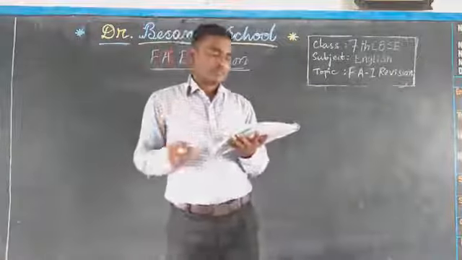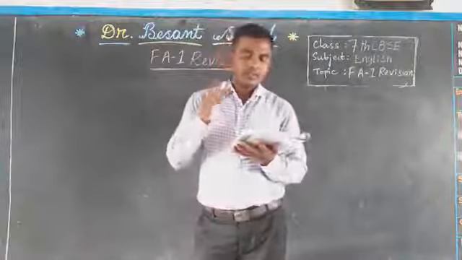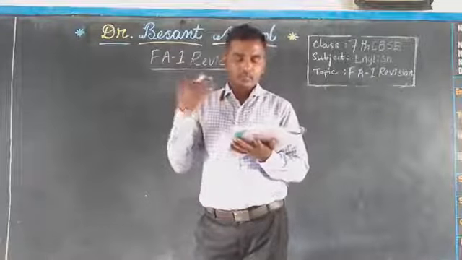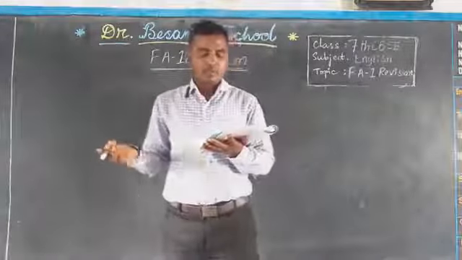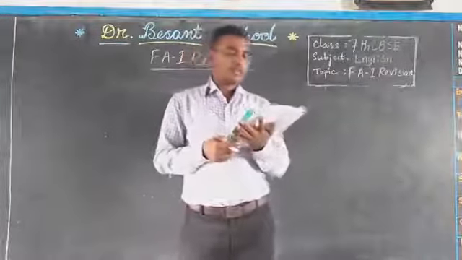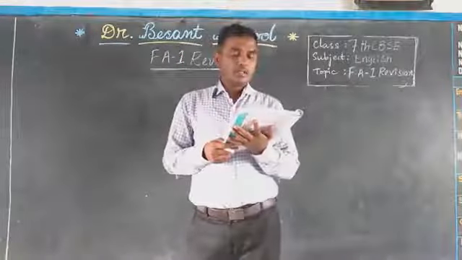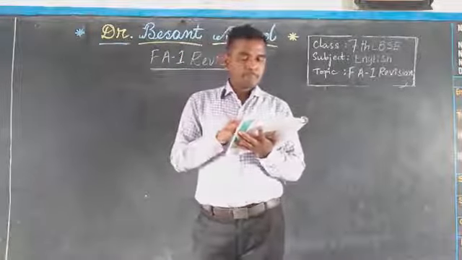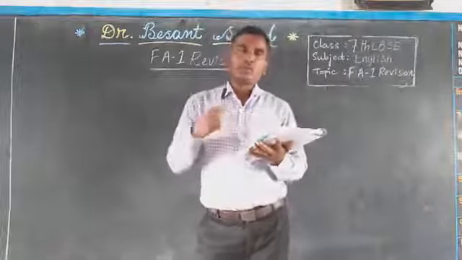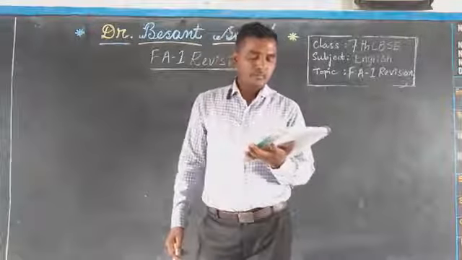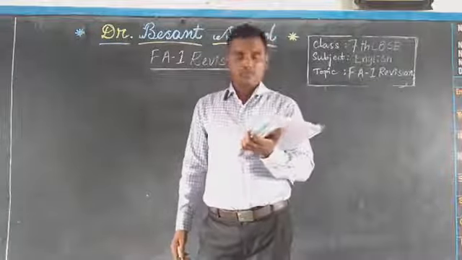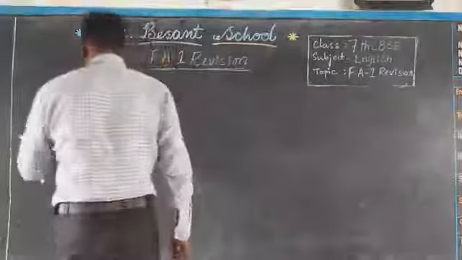Here, kinds of pronouns. Already we discussed personal pronouns and possessive pronouns, reflexive pronouns and interrogative pronouns, okay? And reciprocal pronouns. These are the pronouns we have discussed earlier. But now come to demonstrative pronouns.